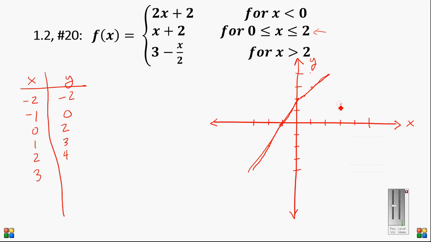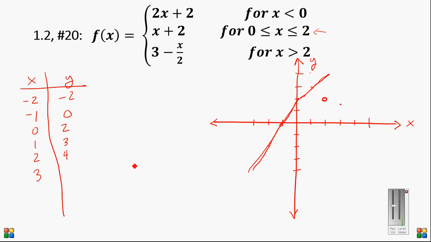It's also interesting to note, what if we were at 2? We know this piece is for values greater than 2. If we were at 2, it would be 3 minus 2 over 2, 3 minus 1, which would be 2. Now, the problem there is it doesn't include 2. So I'm going to draw that as an open circle there.